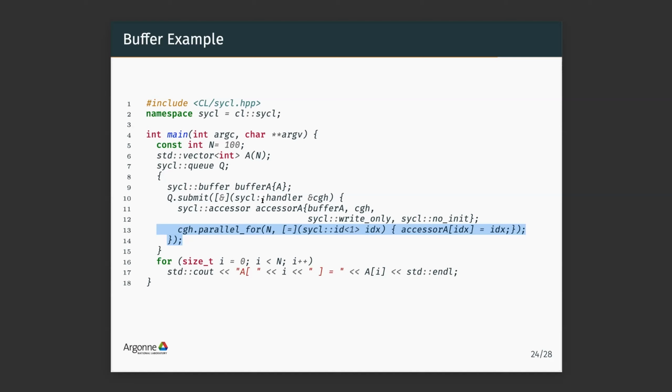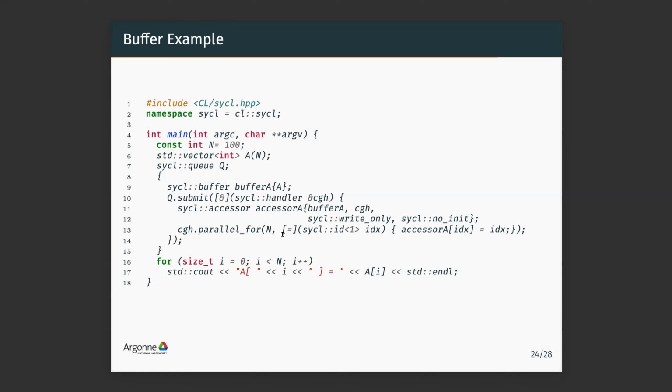So maybe it's super verbose to create an accessor each time you use a kernel. Maybe it's painful, but you give so much information to the runtime, and it really diminishes any kind of manual data transfer you need to do. So I find it a really elegant way of doing it.